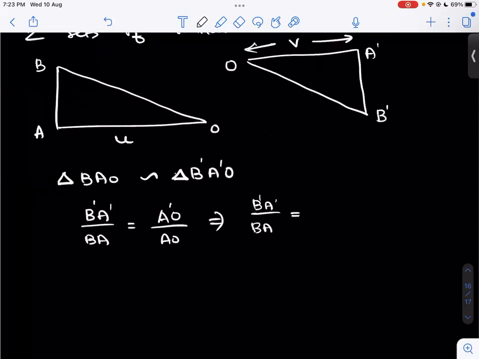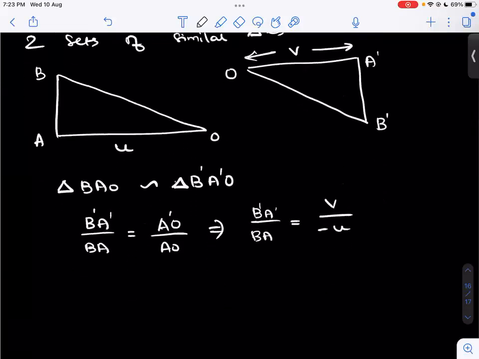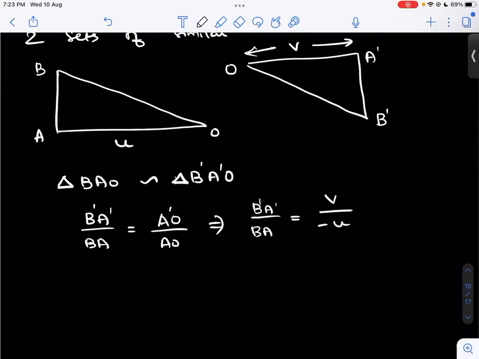A dash O is v and AO is minus u. Let me call this equation number 1.